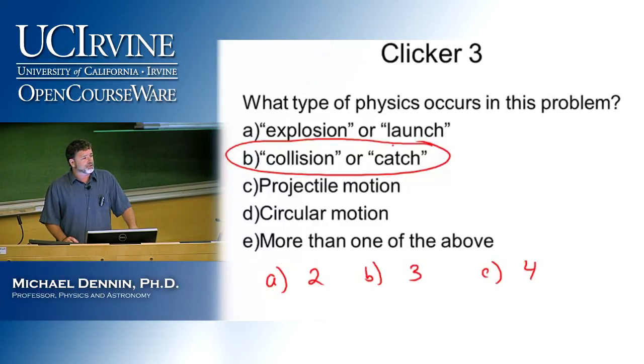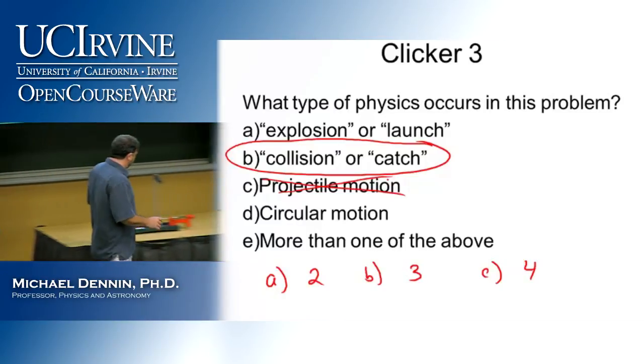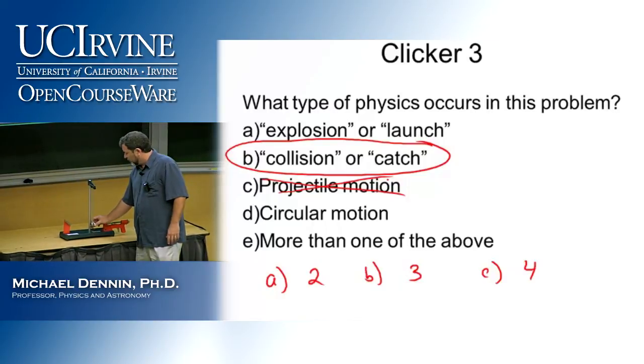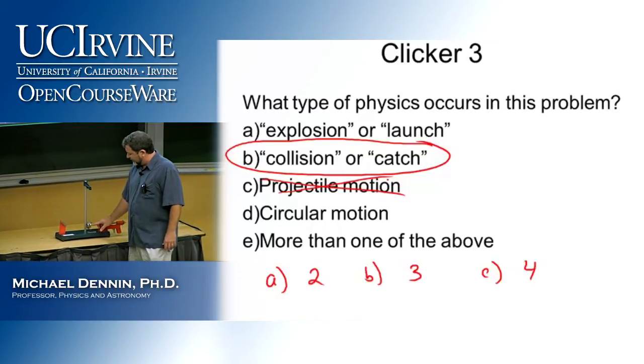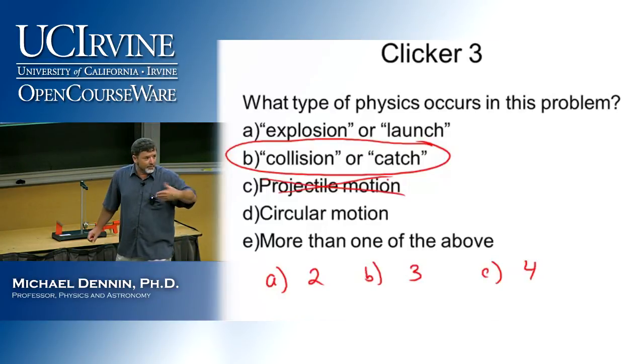There's no projectile motion. Now, you might say to me, oh, but Professor Dennin, right at the beginning here, it's moving due to gravity. If you notice, we purposely set up our device so that the muzzle of the gun is right next to the block of wood. So it leaves the gun and goes right into the block of wood. So immediately it's a collision.